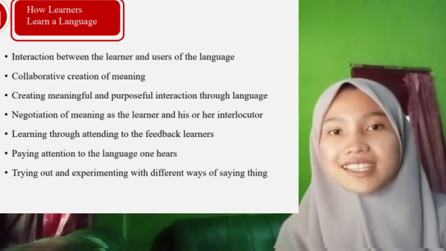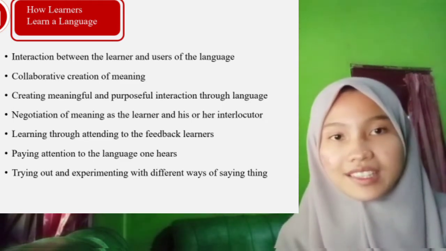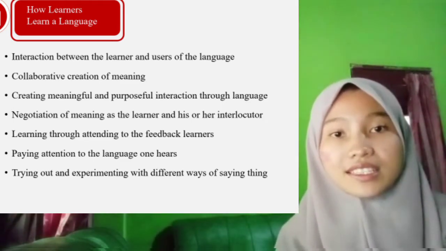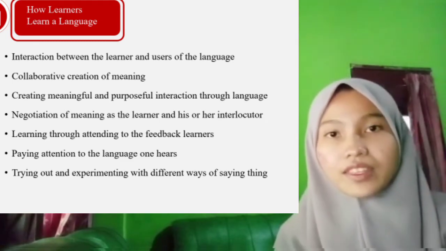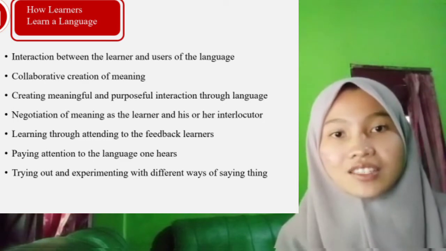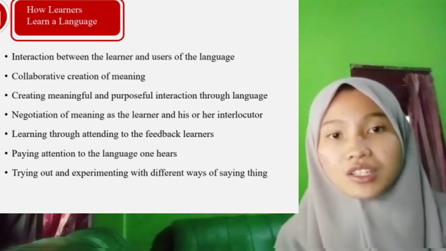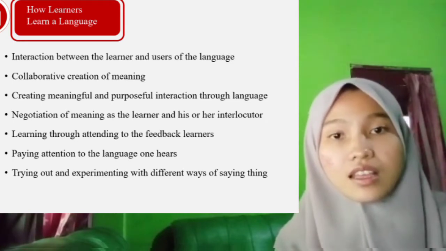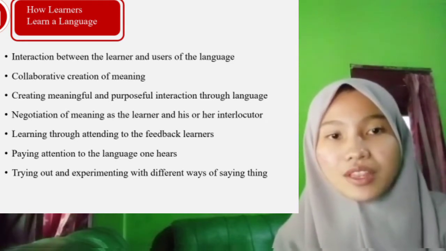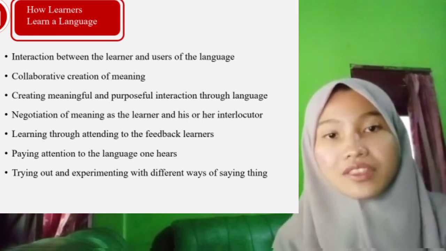And then next is negotiation of meaning as the learner and his or her interlocutor arrive at understanding. And then next is learning through attending to the feedback learners get when they use the language. And then the sixth, paying attention to the language one hears, or the input.